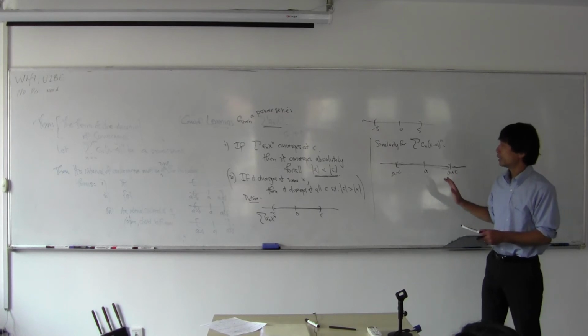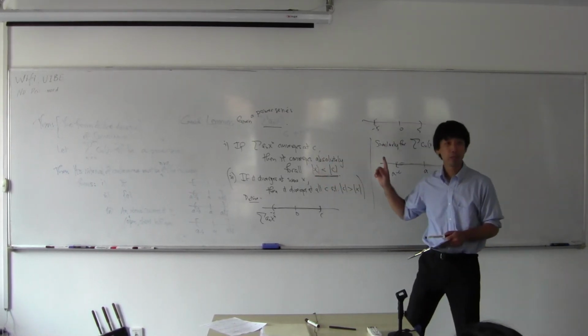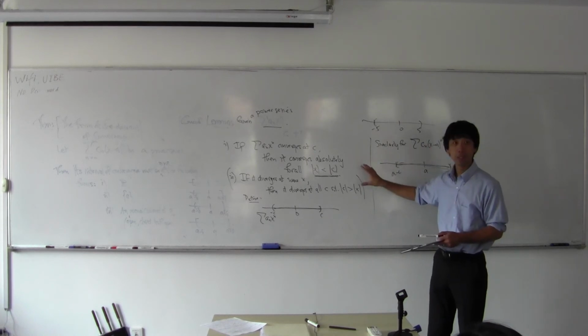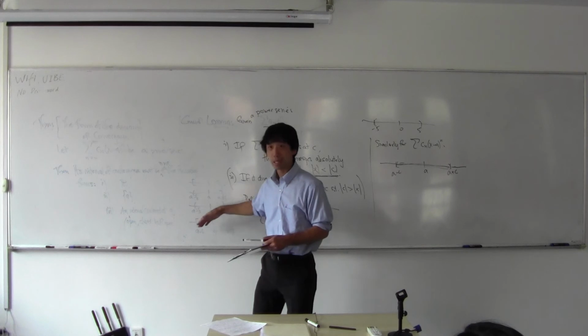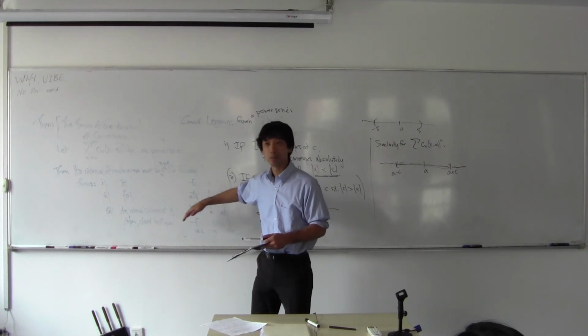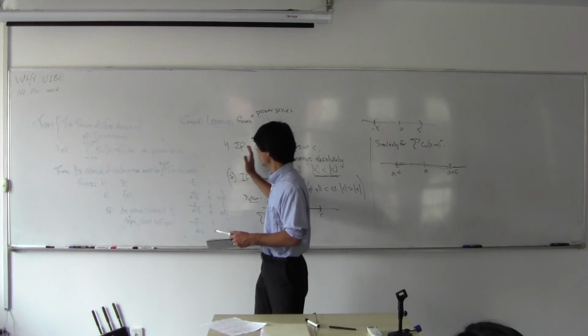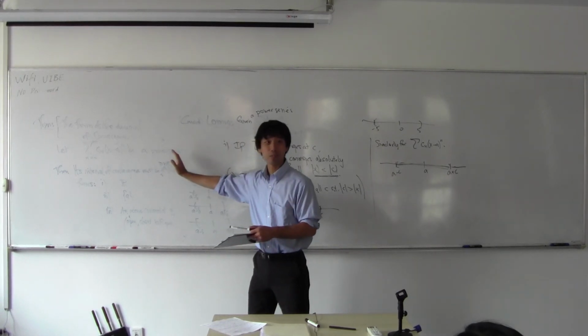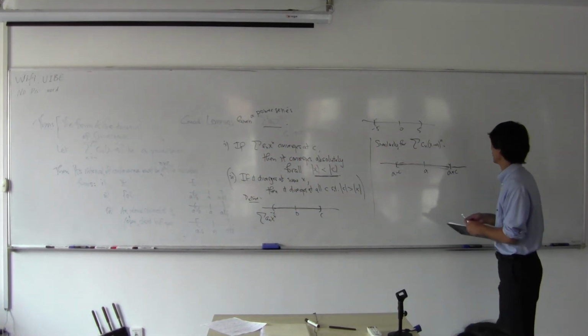I hope everybody understands the statement of this lemma, and also sees how the lemma forces the domain of convergence to be symmetric. Because whenever you have a point of convergence, you have this full symmetric set of convergence.